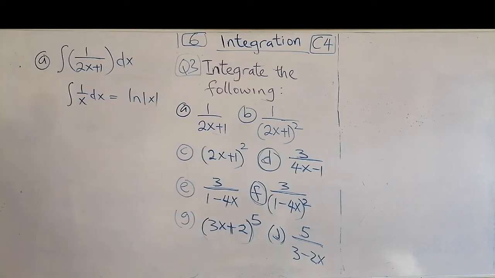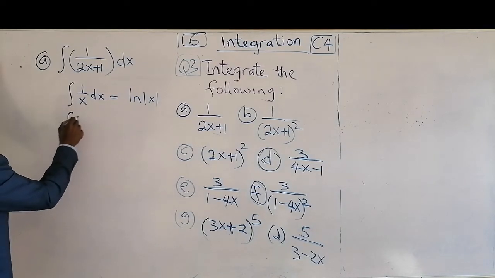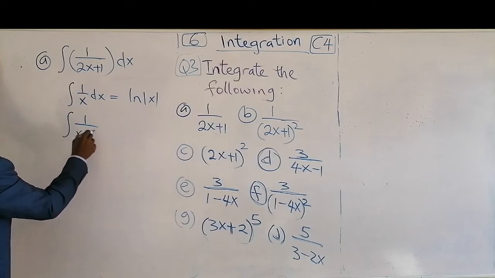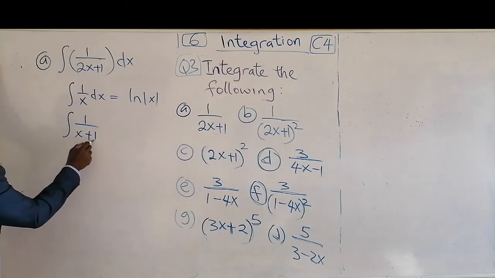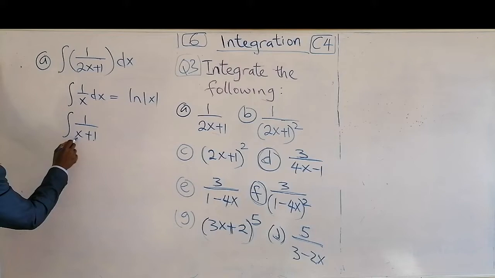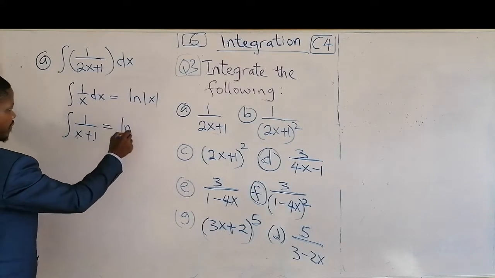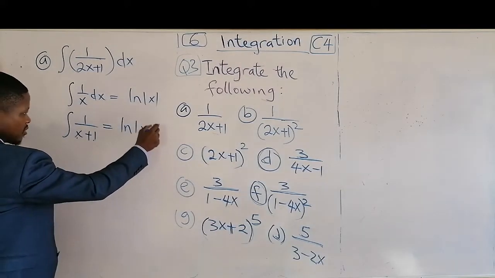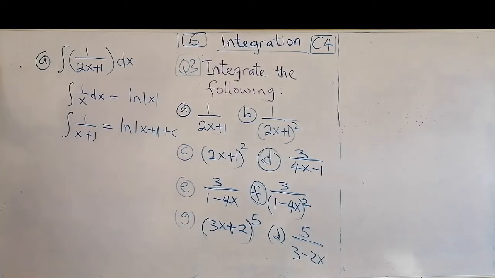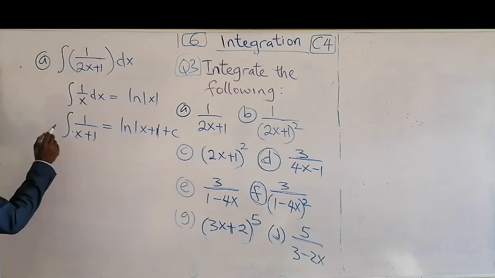And I want you to know something here. If you have 1 over x plus 1, if you are adding to that variable, it does not change your form of answer. But the moment you put an integer there, then you would divide.